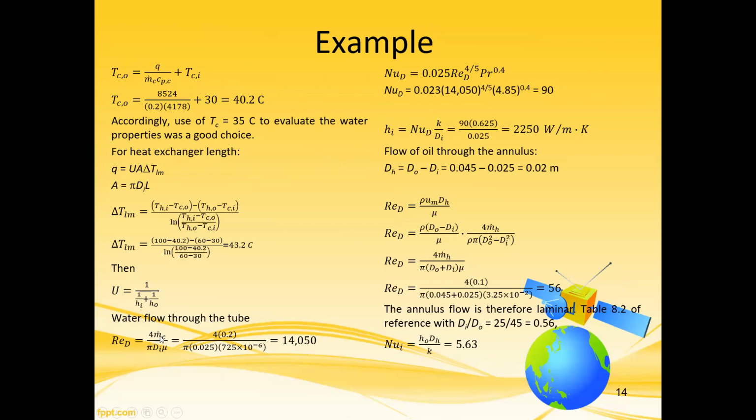Re_D is equal to 4 m_c over pi D_i mu, which is 4 times 0.2 over pi times 0.025 times 725 times 10 to the negative 6, or 14,050. So the Nusselt number is 0.023 times Re_D to the 4 over 5 and Pr to the 0.4, using 0.4 because it is heating. Wait, this is 0.023.